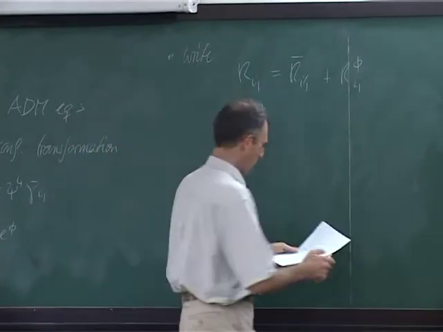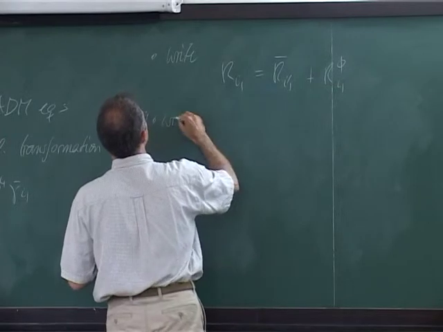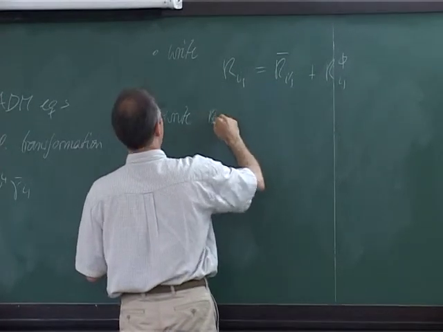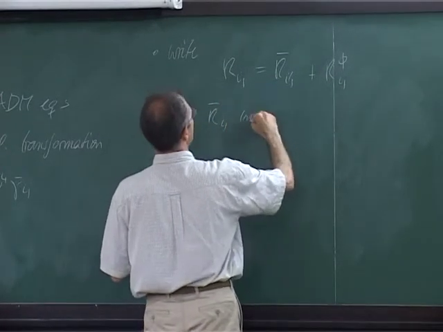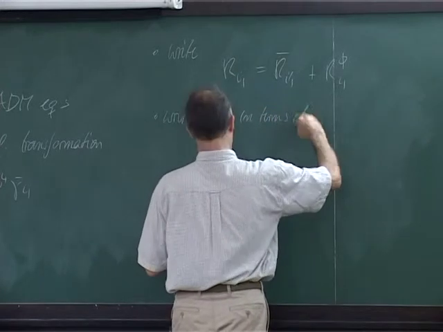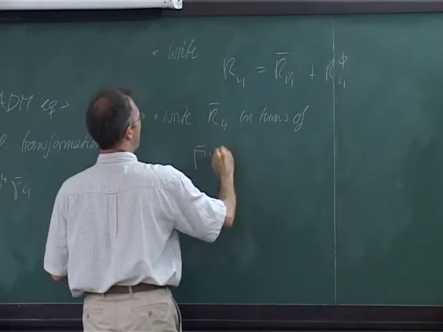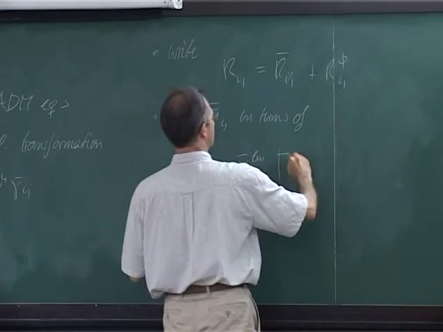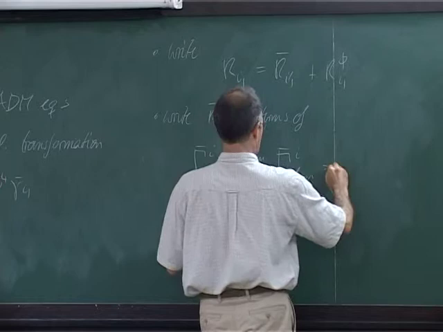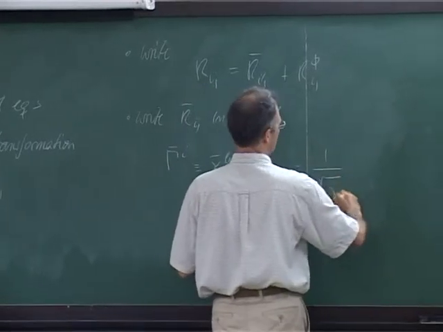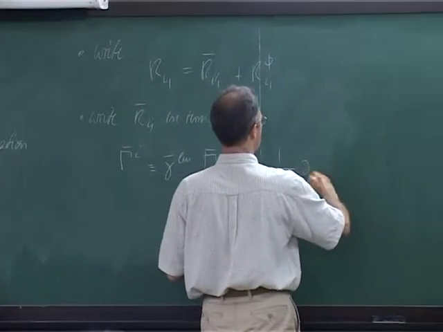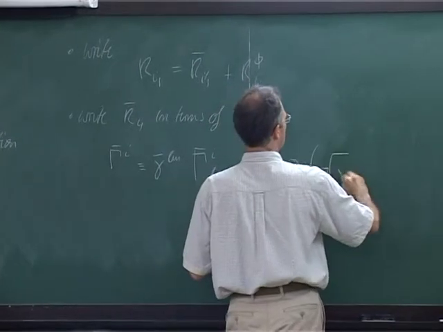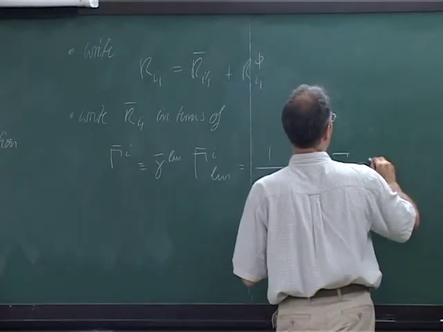So in other words, we write R bar ij in terms of gamma bar i, equals gamma bar lm times gamma bar i lm, which is 1 over the square root of gamma bar, partial j of the square root of gamma bar times gamma bar ij.